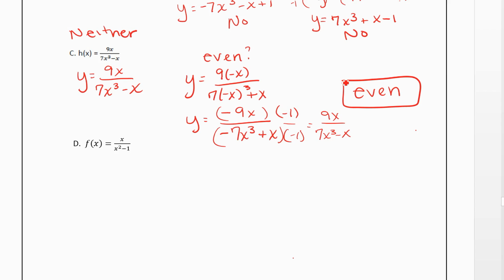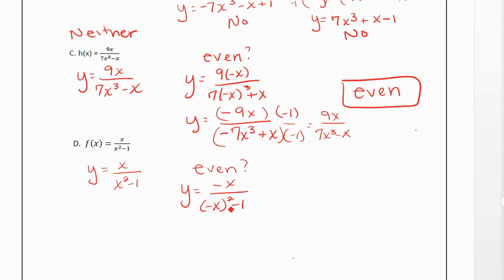Okay, we've got one more function here. So we've got f of x equals x over x squared minus 1. So I'm going to write that as y equals x over x squared minus 1. Let's first check if it's even. So we're going to plug in a negative x. So y equals negative x over negative x squared minus 1.